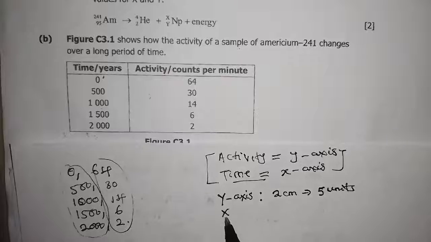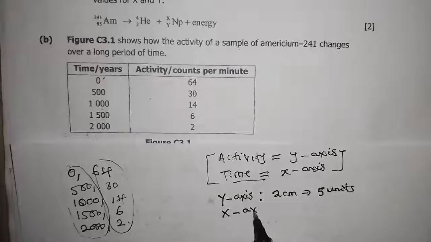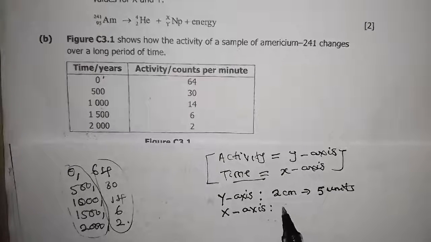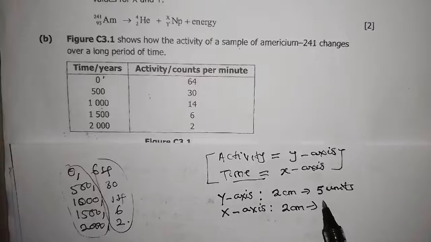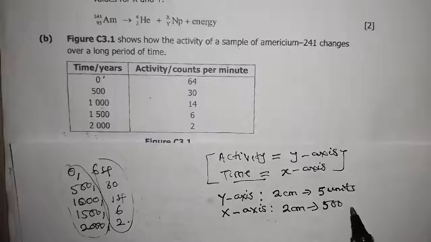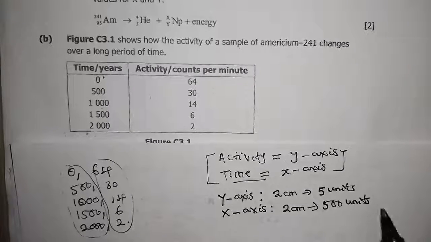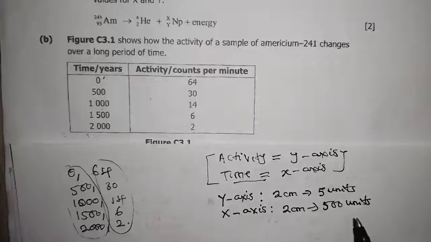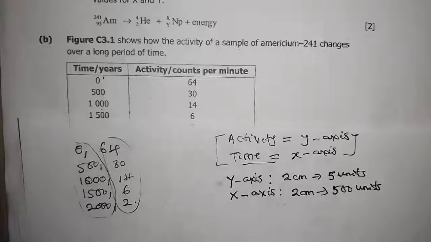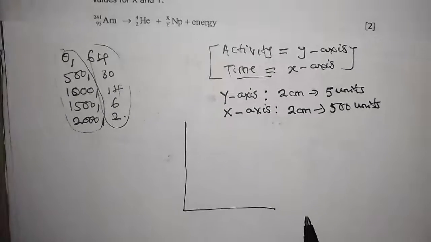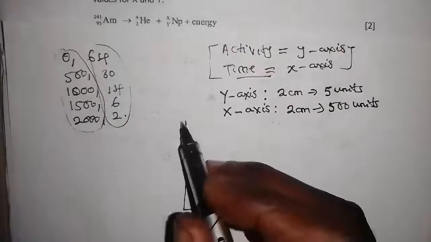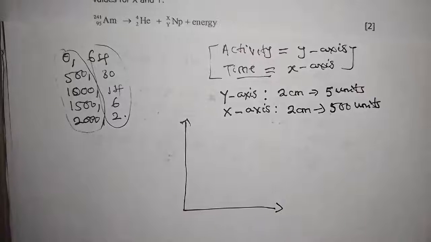And on the x-axis, 2 centimeters will represent 500 units. So this will look something like this.